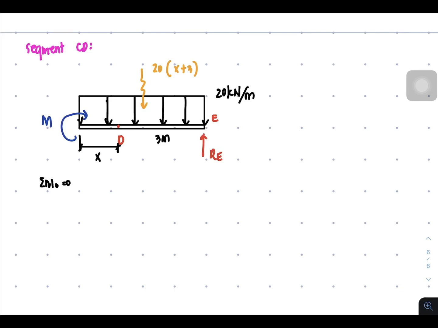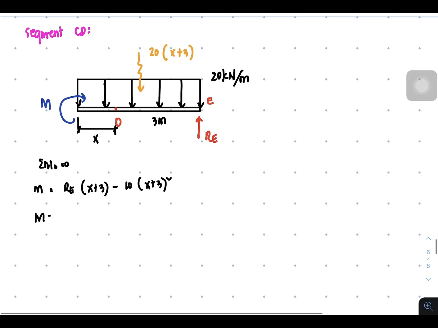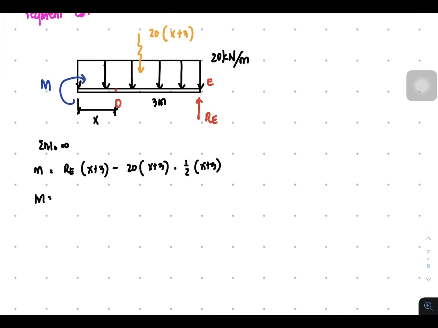So summation of moment at the point of cutting equal to 0. You have m equal to RE times x plus 3. So minus, I'll just do the shortcut, 10 x plus 3 square, no? It's going to be 20 times x plus 3 times 1/2 of x plus 3.